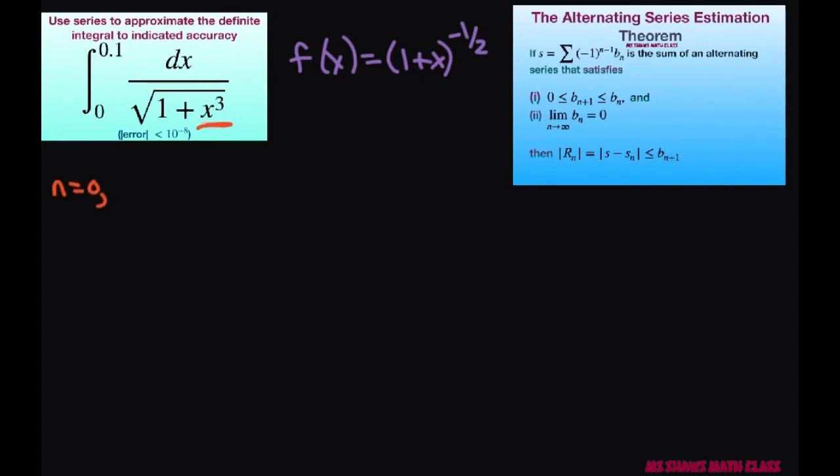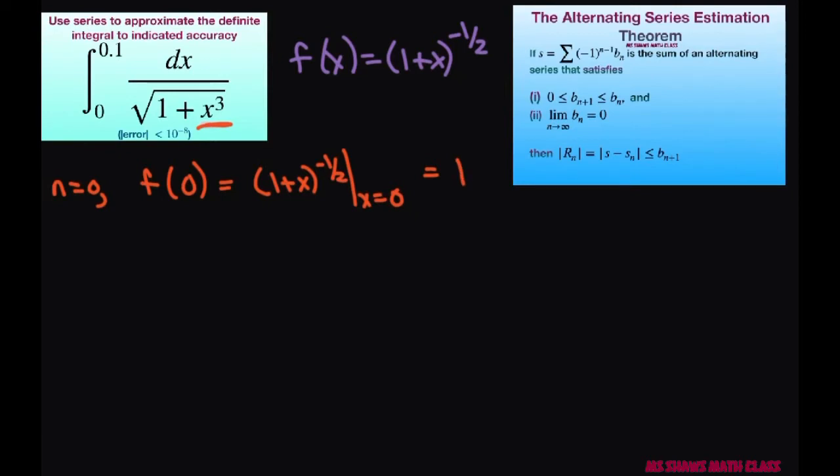So first, let's try n equals 0. We're going to have f of 0, and this is going to be (1 plus x) to the power of negative 1/2, evaluating this at x equals 0, and that's going to equal 1.